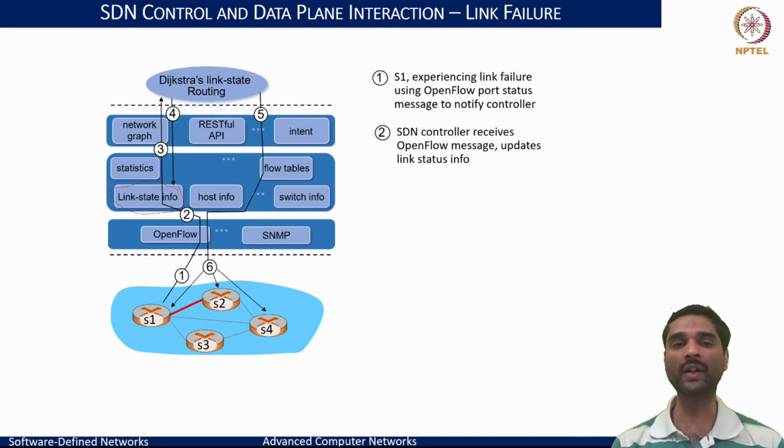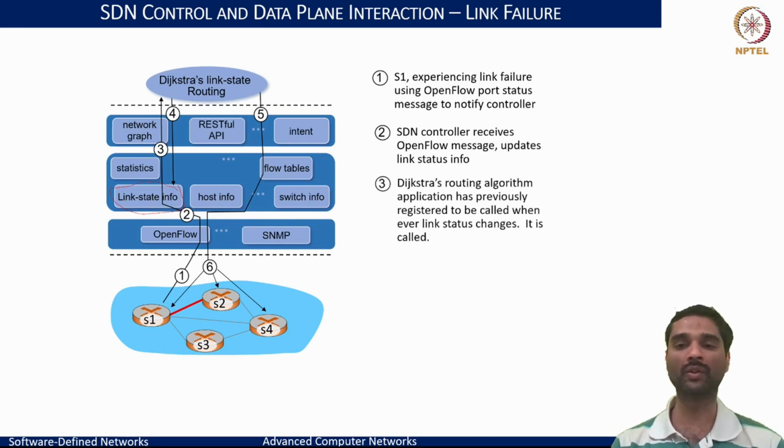Once the link state info has changed, the topology or graph characteristics of the current network have changed. On top, there is the Dijkstra's link state routing application, which depends on this link state information and would have registered for any changes to be notified back to it. Then a notification from the link state change is triggered to this Dijkstra's link state routing application.